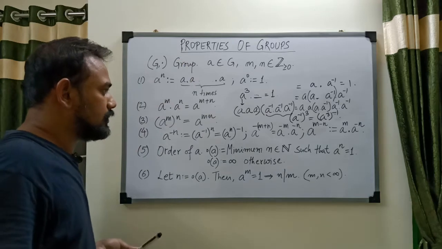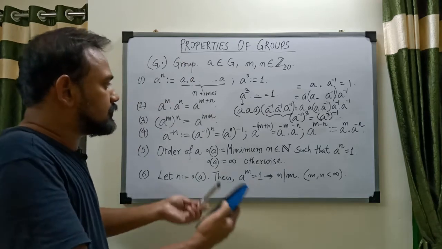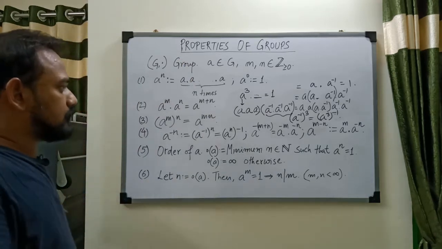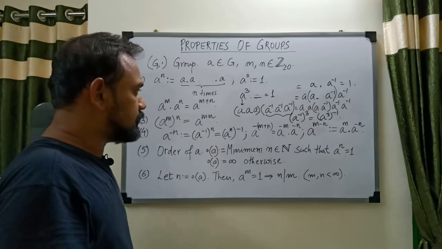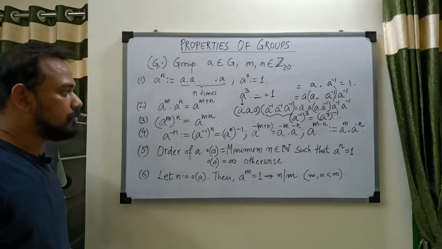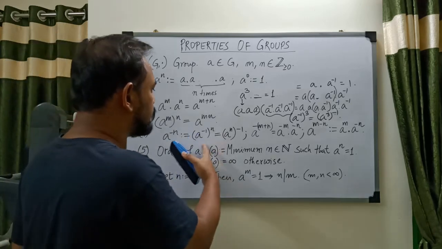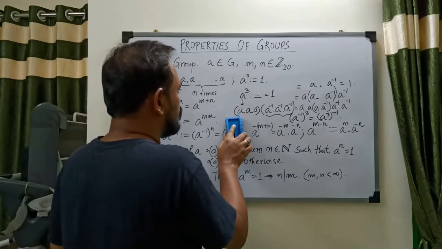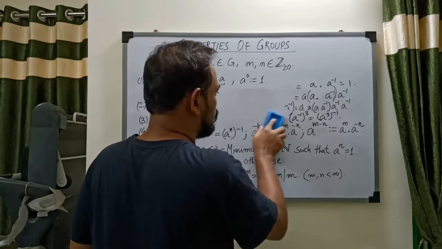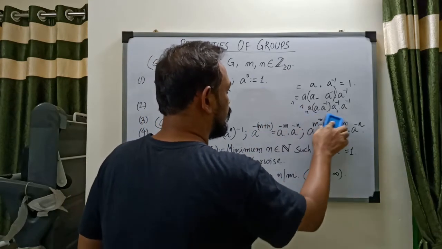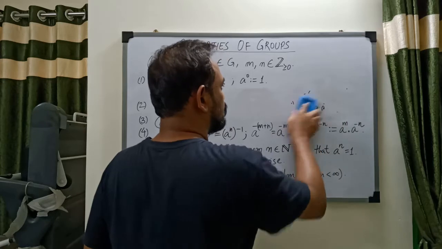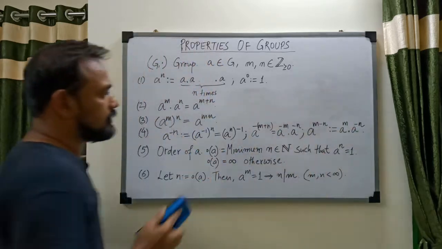As I said, what groups really do is capture in a general sense the kind of operations we have been using all our life, and so this thing is true. So let me just get rid of all this rough work here and keep a clean board, because there are too many things written over here.